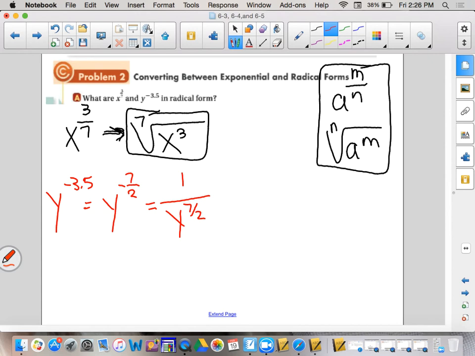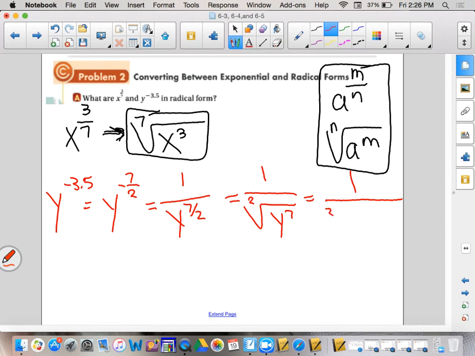Now I'm still in exponential form, correct? I still haven't even converted to radical form yet. That's my next step. I'm just getting the exponent to where I can actually deal with it. So what is my radical form of 1 over y raised to the 7/2? Can I reduce this radical?